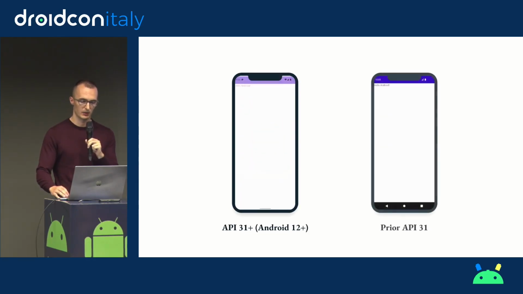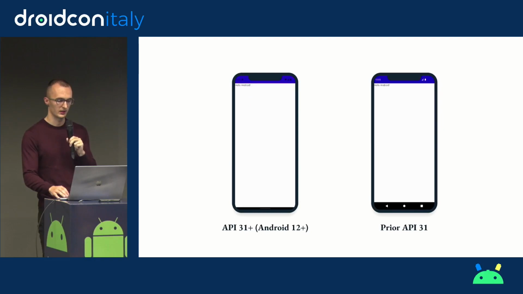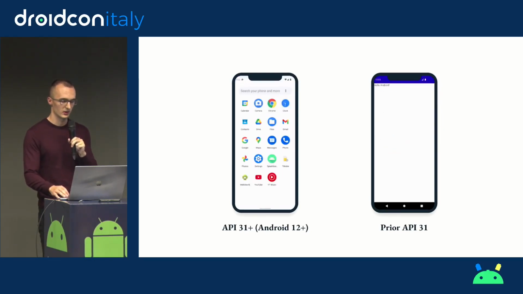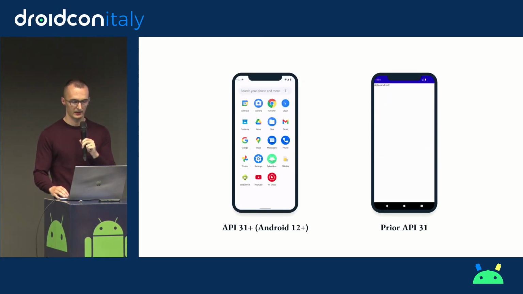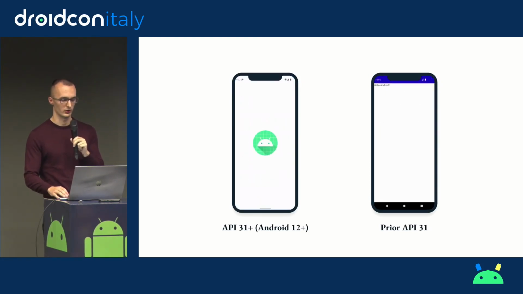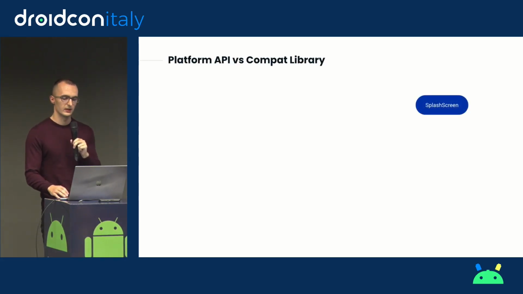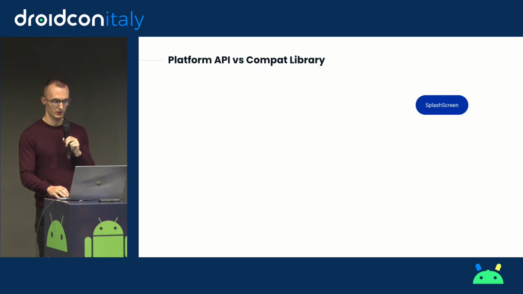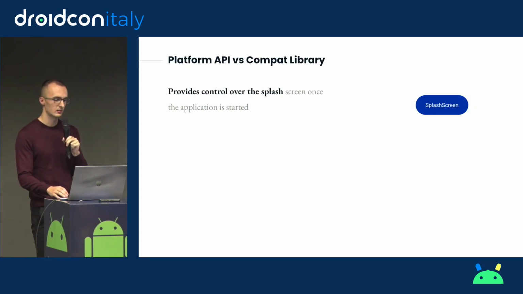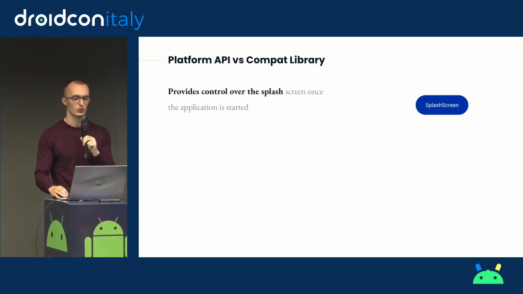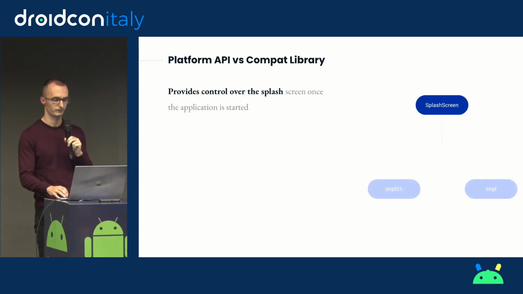If I run the same application on an older version, I can see that there is no splash screen. So let's actually customize our splash screen and make it look consistent across all Android versions. If we take a look into the SplashScreen API implementation, we are going to find a SplashScreen class there. The SplashScreen class provides control over the splash screen once the application is started.